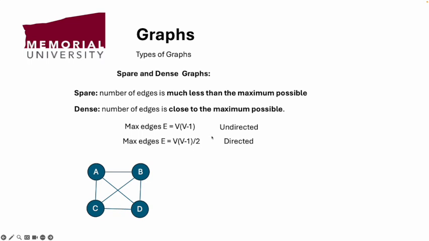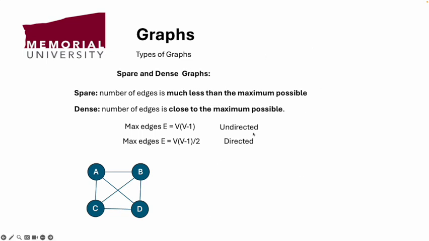If you have a directed graph, we just define one direction, so we divide the maximum number by 2. From A it should be 3, not 6, because when you count B, it's 3 as well. So some mistake here.